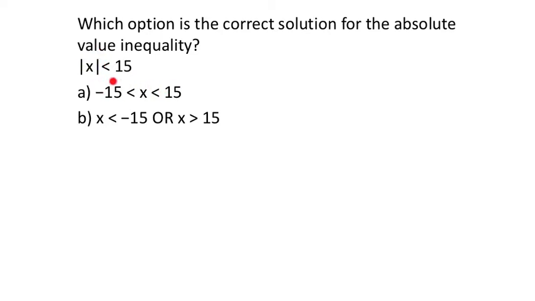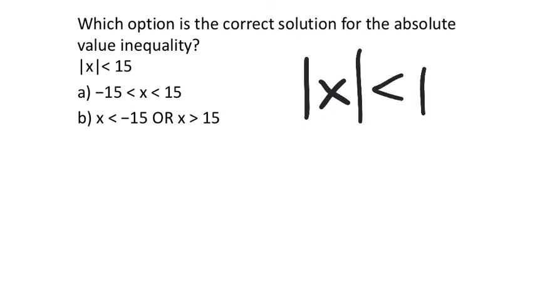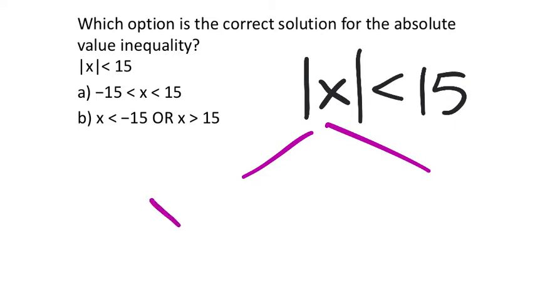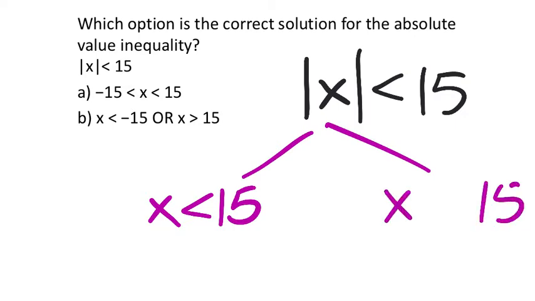Well, like I said, from the first problem that we did, let's show this over here. Absolute value of x is less than 15. Remember, you're going to break this up into two inequalities. Keep it as is, but without the absolute value, and then compare x with not just 15, but its opposite, negative 15, and flip the inequality.